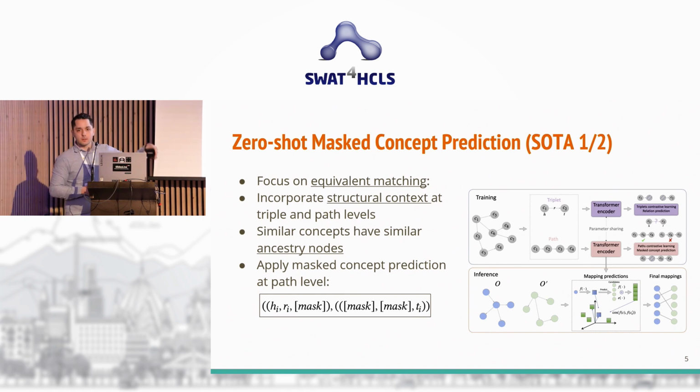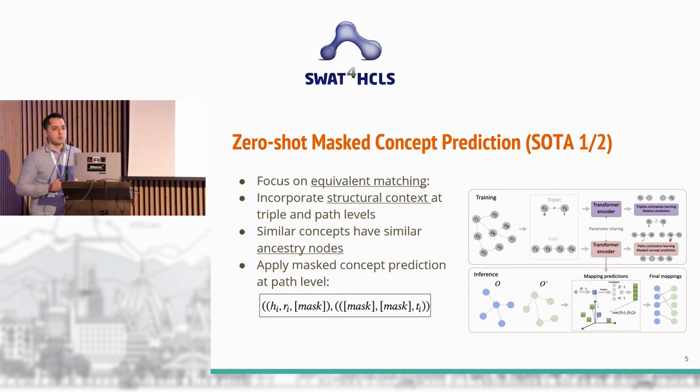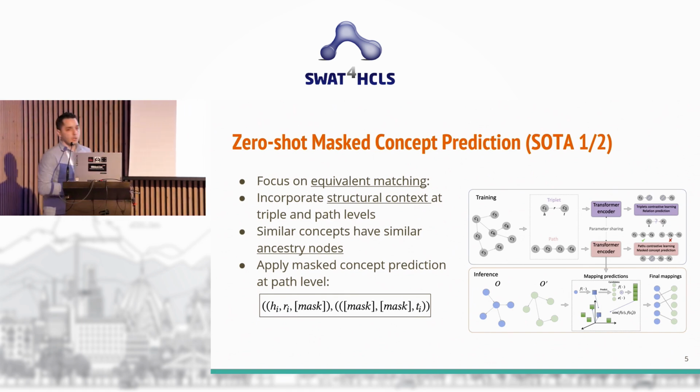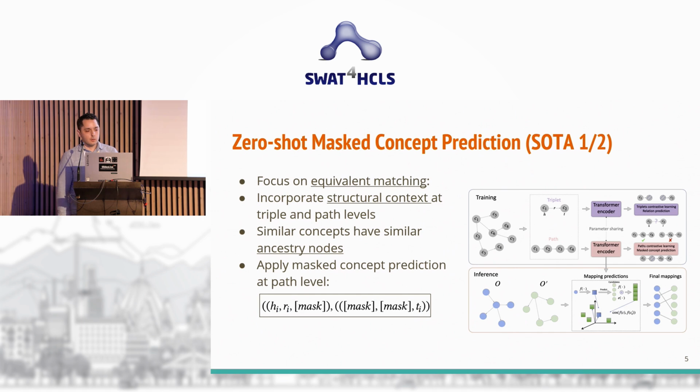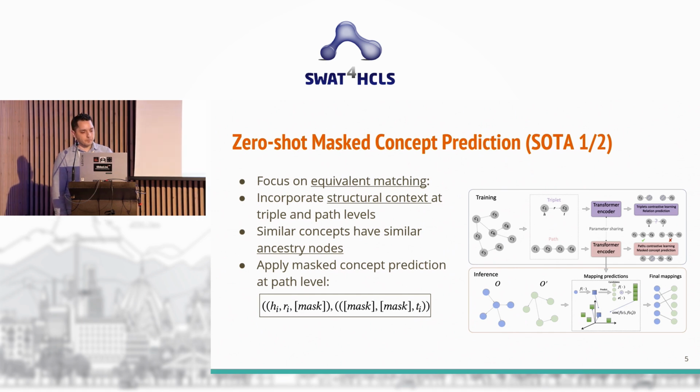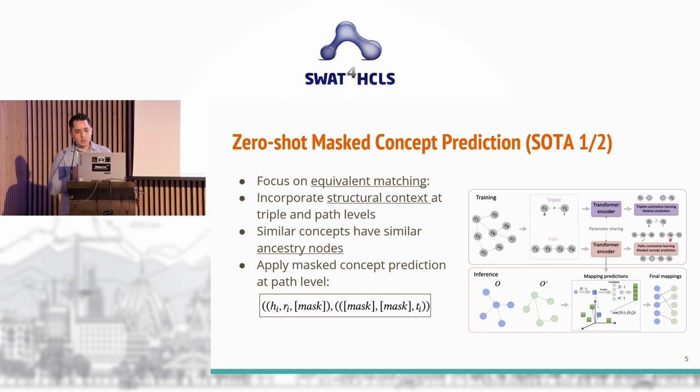I'll come back to this use case at the end and show you how this is solved. But just to give you an idea of some work that's already been developed in this field, people capture this structure using RDF2vec and metapaths.